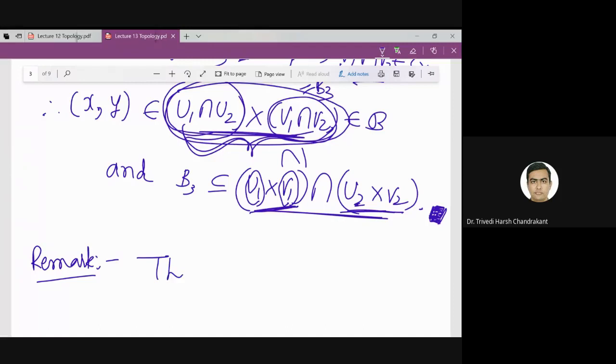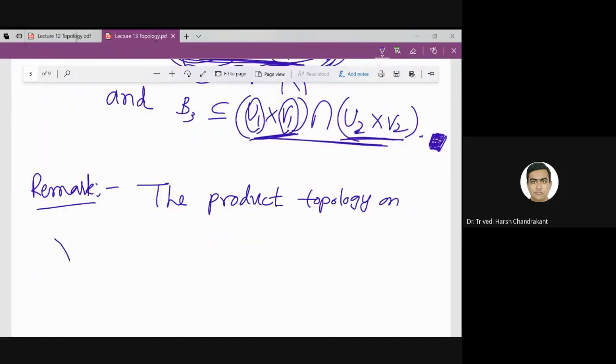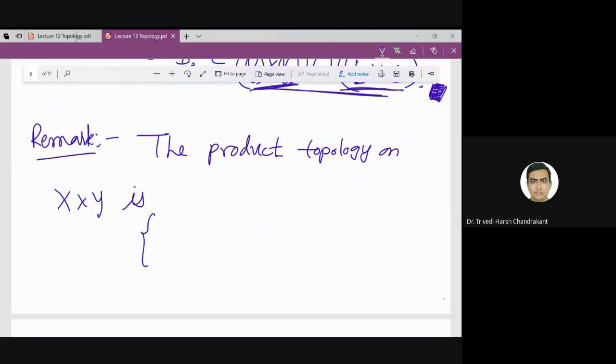So what is the product topology? The product topology on x cross y is, now that we have a basis, we can write it as a union of the basis elements.